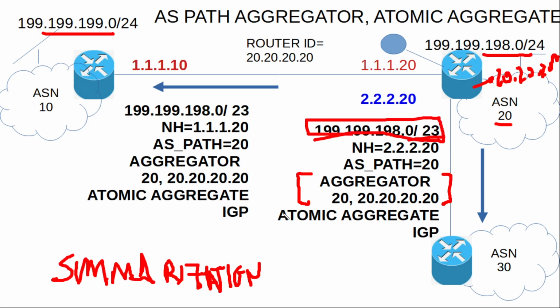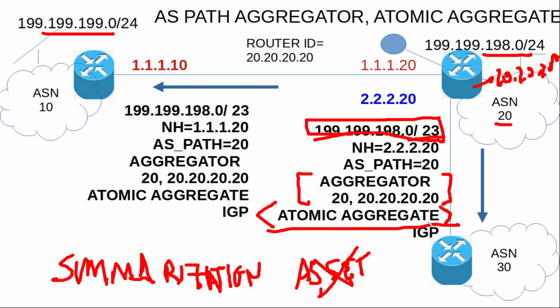It is going to include this flag that is known as the atomic aggregate. This is used to notify that we are not sending the AS set attribute. When you see atomic aggregate, this means that you are not receiving an AS set.